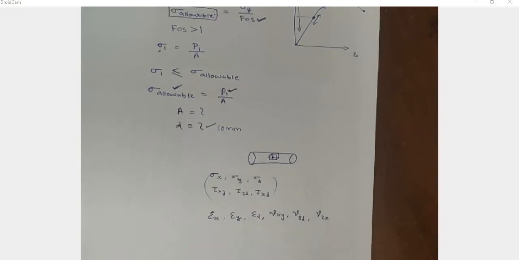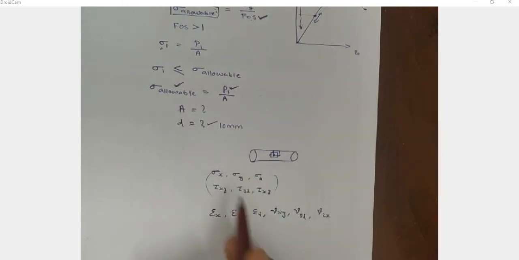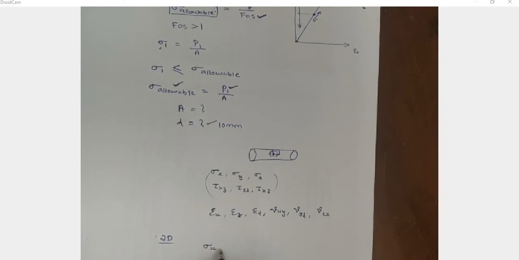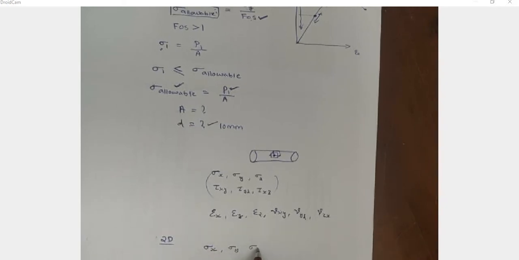This is the case of a 3-dimensional stress, normal and tangential. In case of a 2-dimensional condition, or plane stress condition, we know there are sigma x, sigma y and tau xy; there is a sigma z value, but it is equal to 0.